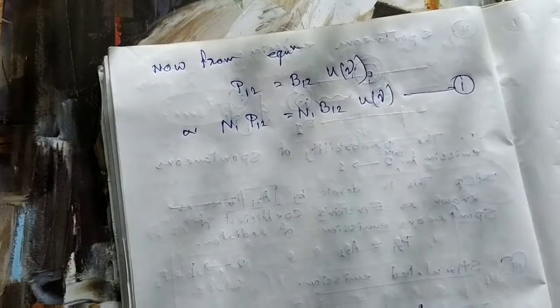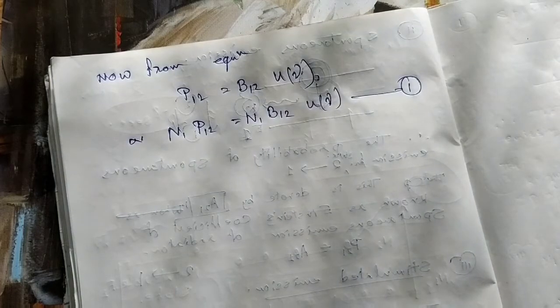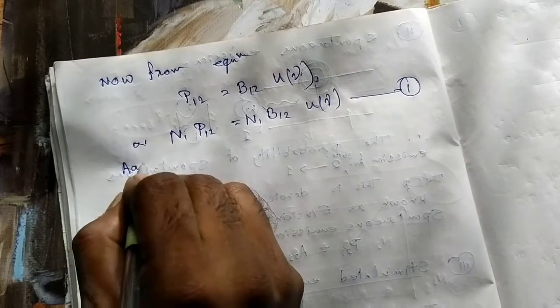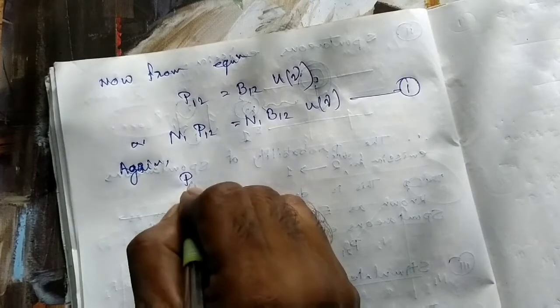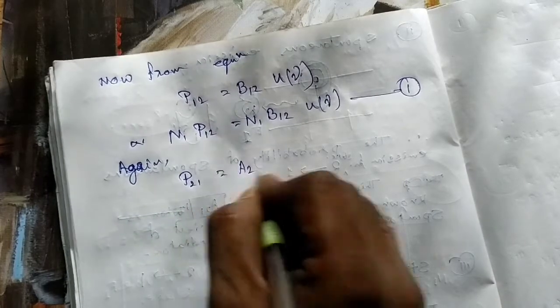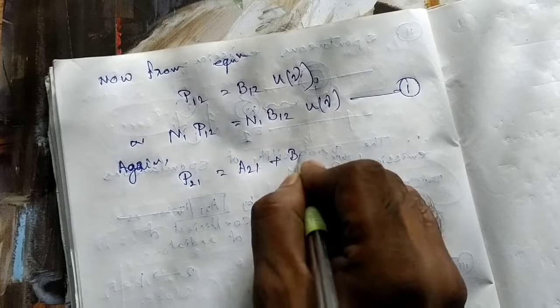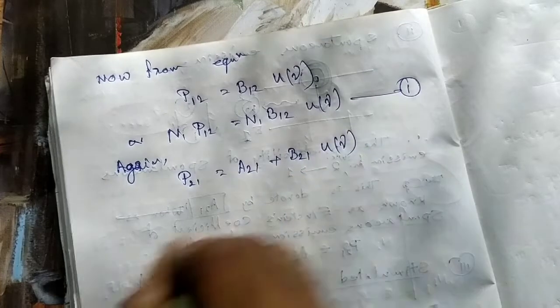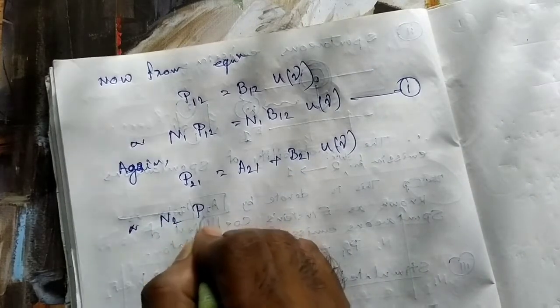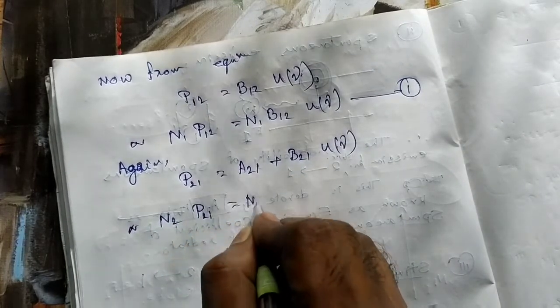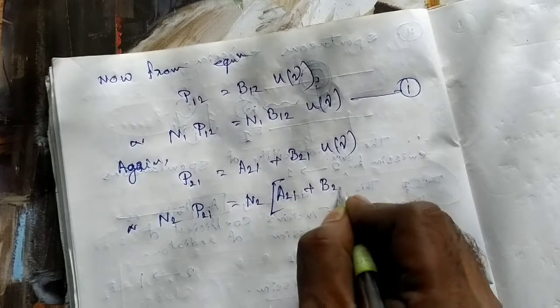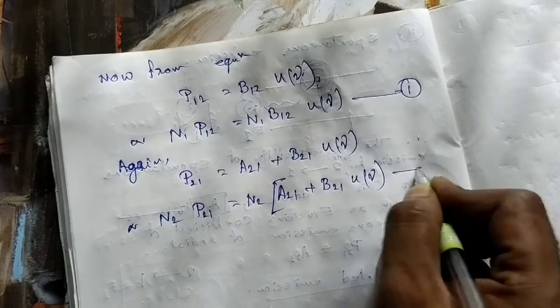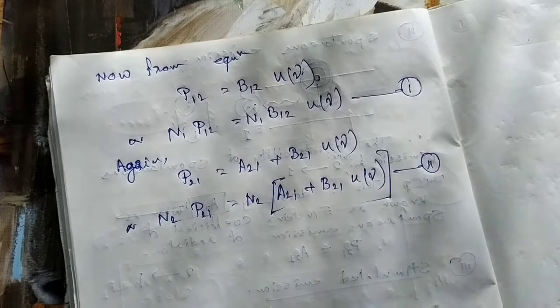Suppose this is equation 1. Again we have P21 is equal to A21 plus B21 U nu, or N2 P21 is equal to N2 A21 plus B21 U nu. This is equation 2.